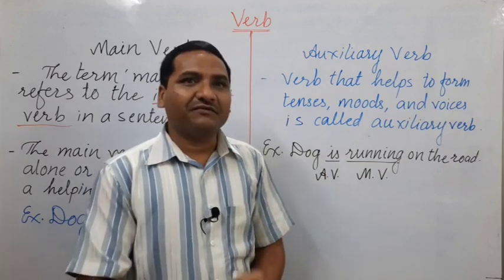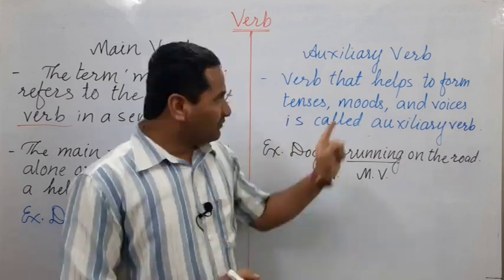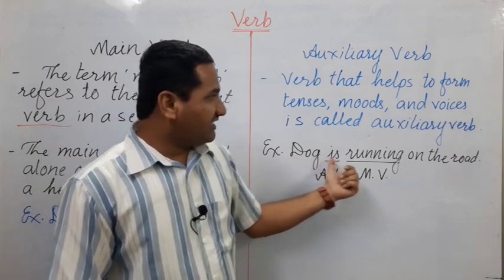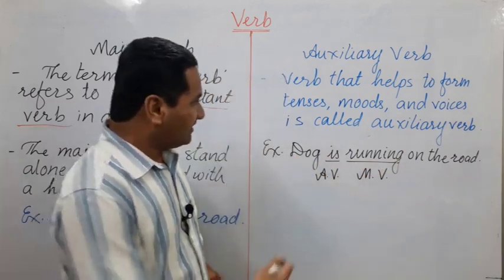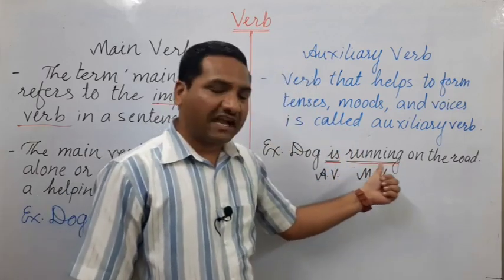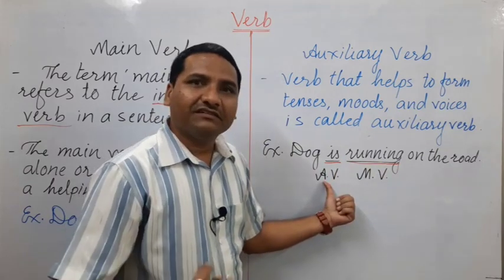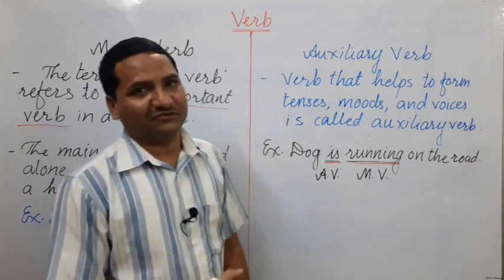For example, dog is running on the road. Here are two verbs. First is is and another is running. Is is the auxiliary verb and running is the main verb.